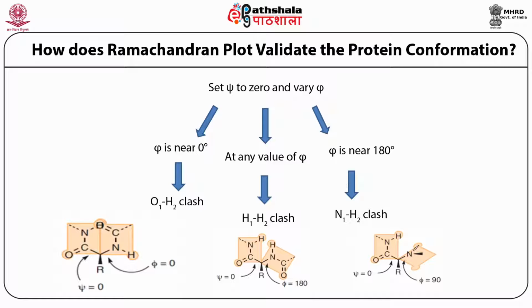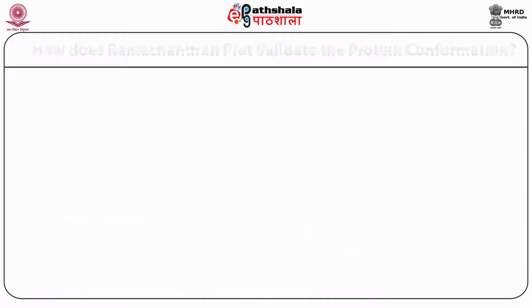This kind of orientation also helped Ramachandran calculate the area of unfavorable interactions, which are not sterically allowed. So we can calculate the energy of these regions, and then we come to the conclusion that these are regions which are not allowed for energy reasons because of steric clashes.